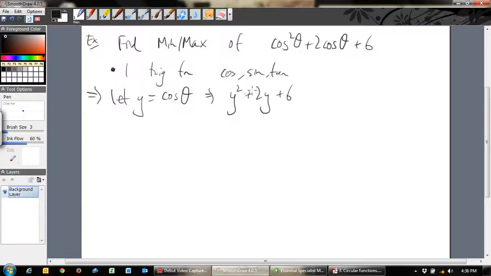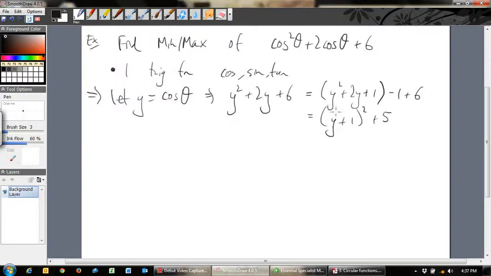But what we can do, which is even better, is complete the square. So what does that equal? Well, y squared plus 2y plus 1 would be the perfect square, and we had that positive 1, so we need to subtract 1, and then we've still got the plus 6 there. So that is y plus 1 all squared plus 5.